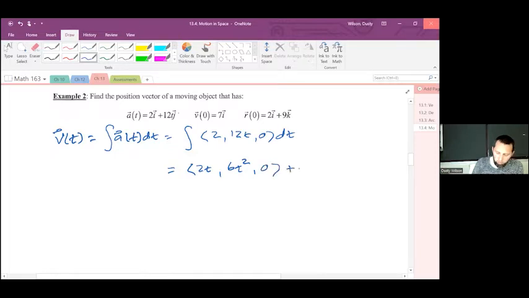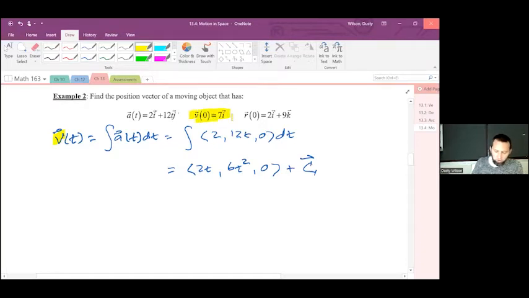But then we've got to remember a constant c. And the c is a constant vector.